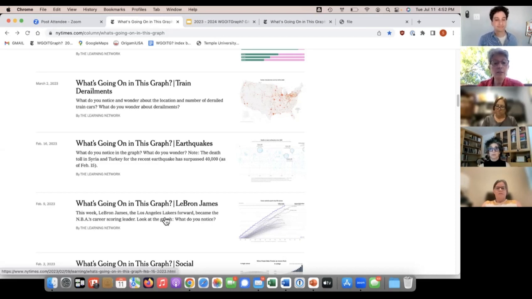And then here's LeBron James becoming the career scoring leader, also something they were thinking about. It doesn't always have to be disaster. Bringing in things they are maybe hearing about makes them sit up at the beginning of class and take notice, and then you've got their attention for the rest of the period.